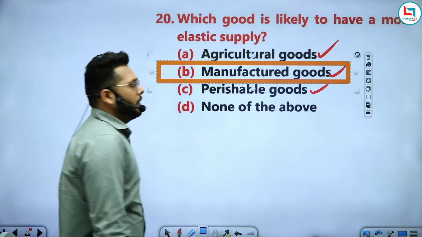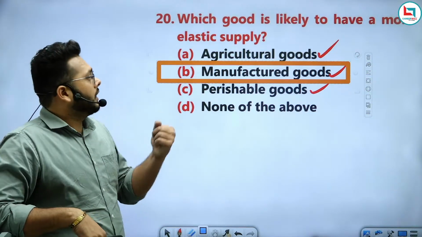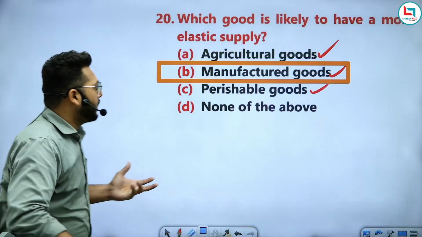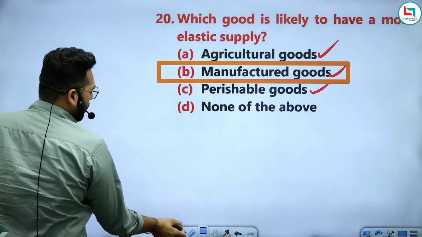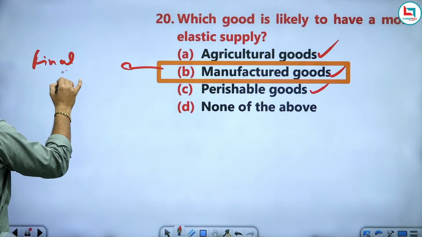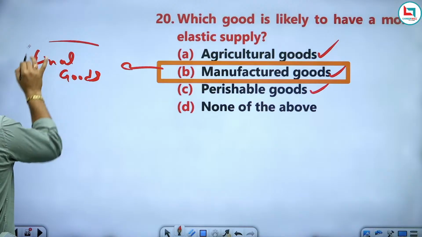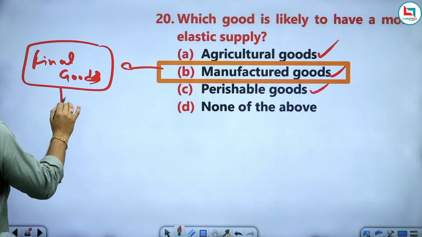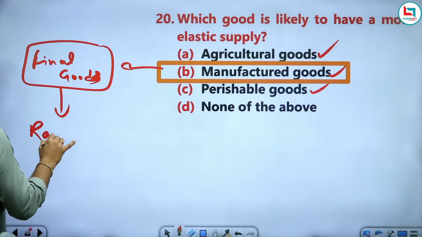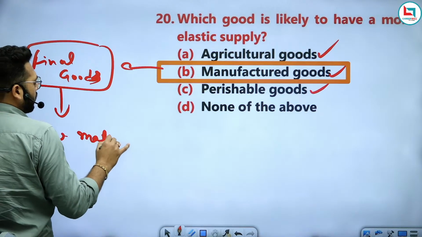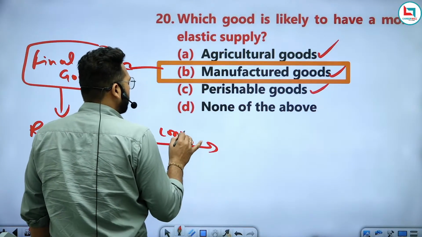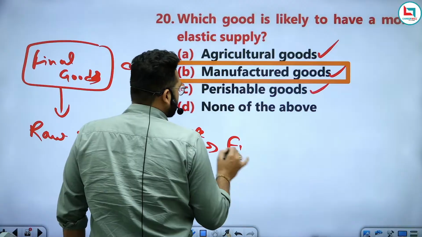Manufactured goods. Manufactured goods have a more elastic supply, because I have already told you what manufactured goods means. It is a type of final good. We can also say raw material type goods converted into final goods.